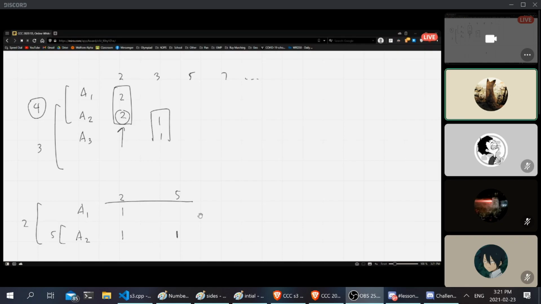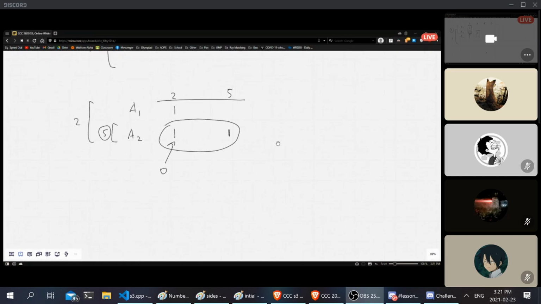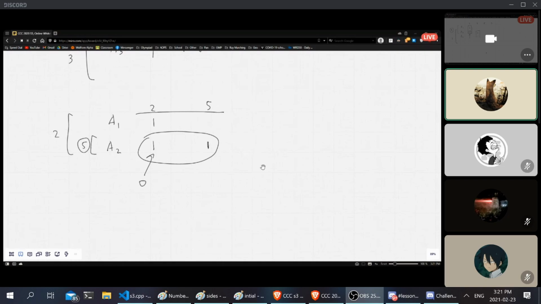But if we look at A2 here, we need this exponent to be 0 in order for the GCD to be 5. But this isn't possible because we already pushed it to a minimum of 1.